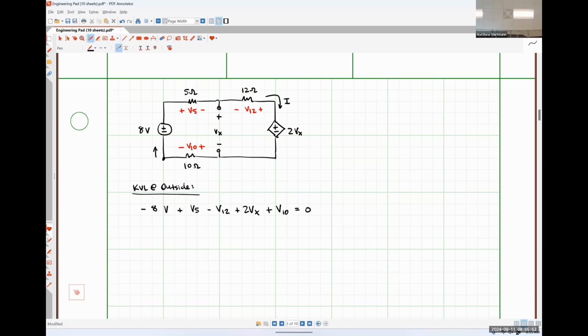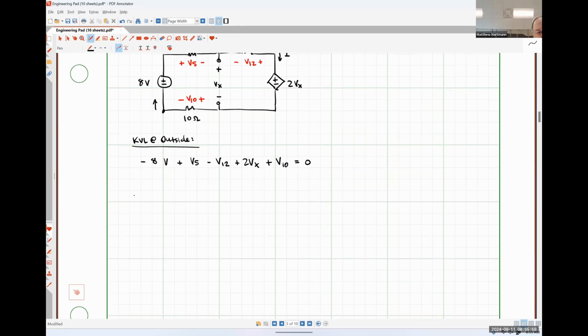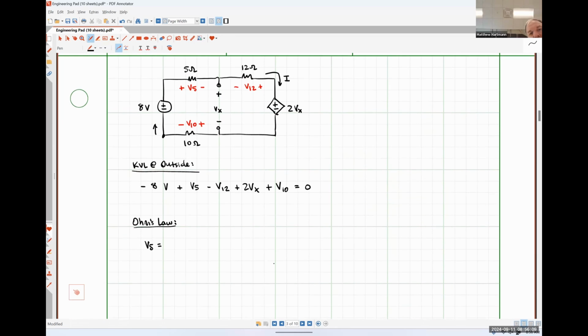So that same current I flows through everything. Okay. So using Ohm's law, how would we put that voltage V5 in terms of our current I?